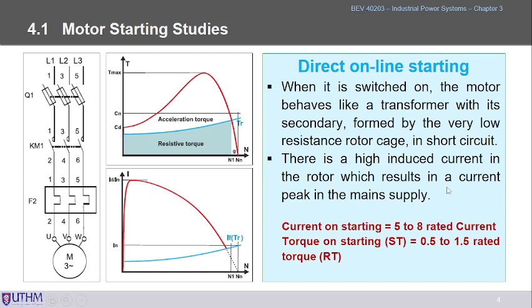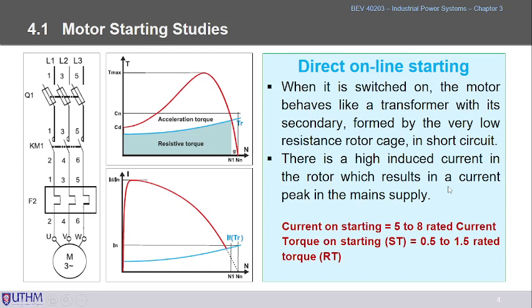That's why for DOL starting, we only implement it for small motors, say below 5 horsepower. Above 5 horsepower, we use alternative methods to start it, just to reduce the starting current, because the starting current is very annoying in the IPS.